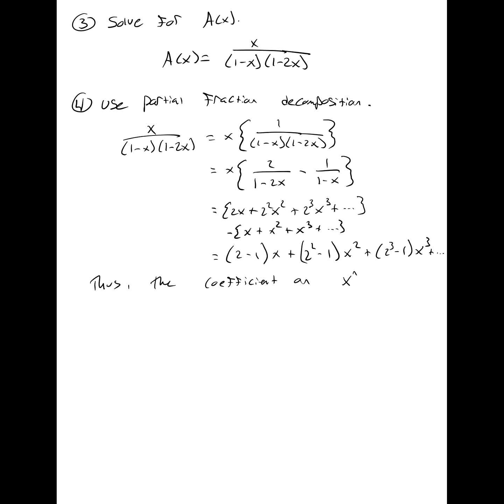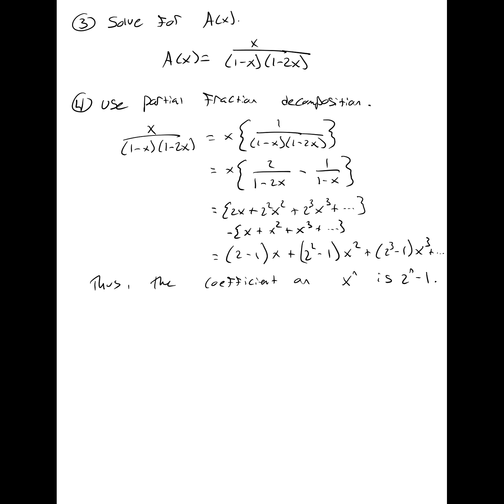So the coefficient on x to the n is 2 to the n minus 1. Now, again, I haven't motivated what we're doing, but this is really neat because we just found a closed form for our original sequence.